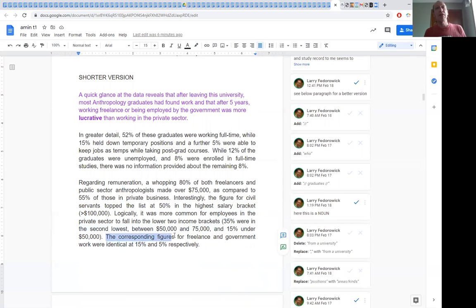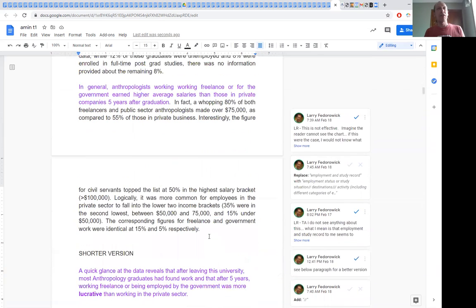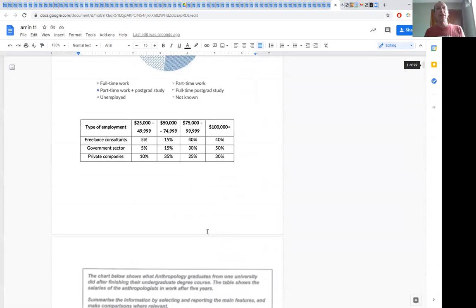The corresponding figures for freelance and government workers were identical at 15% and 5%, respectively. Okay, so that's talking about these figures here.